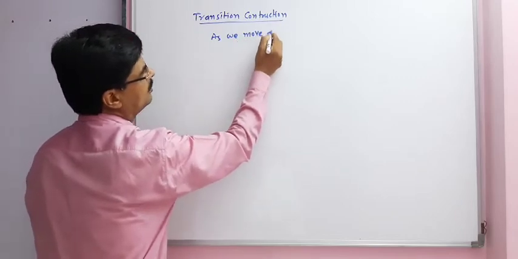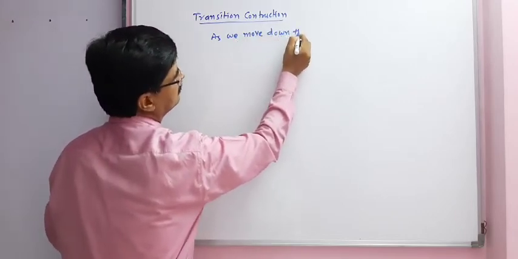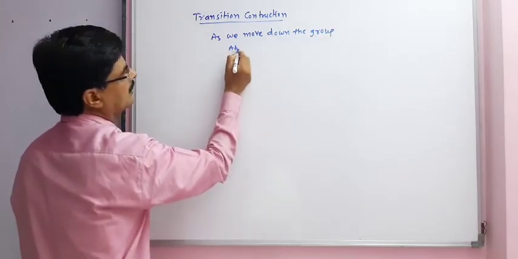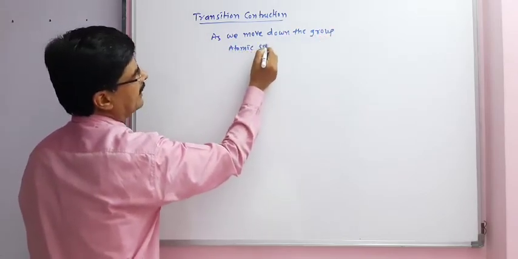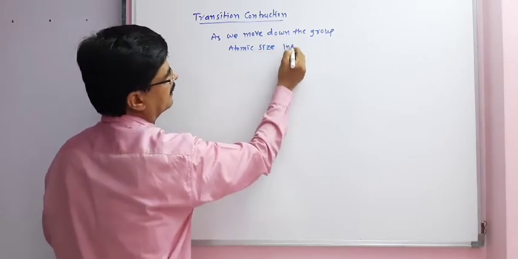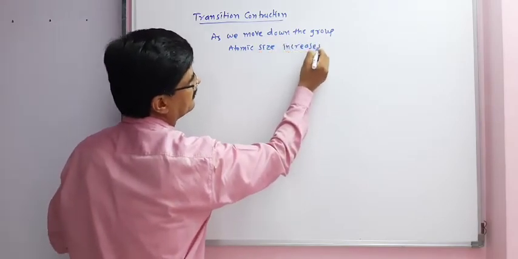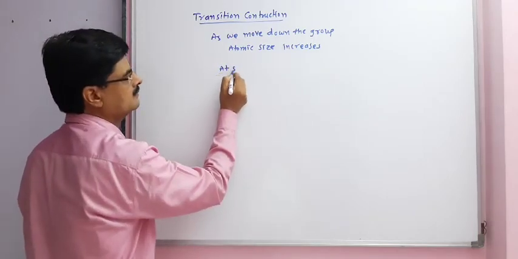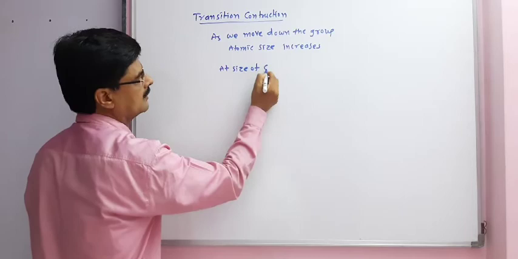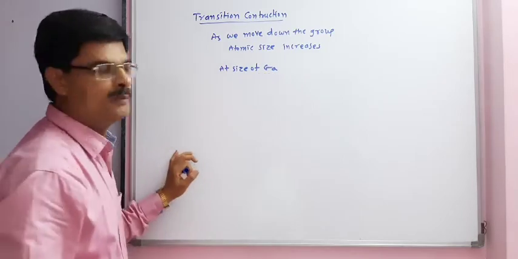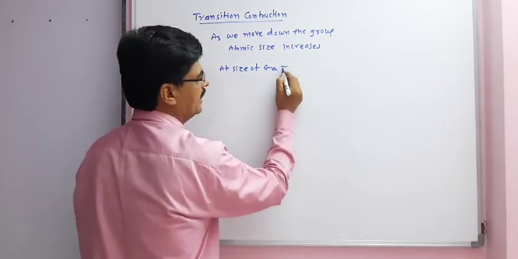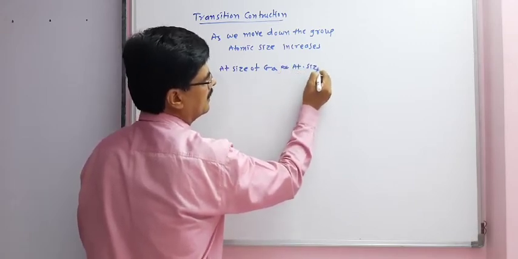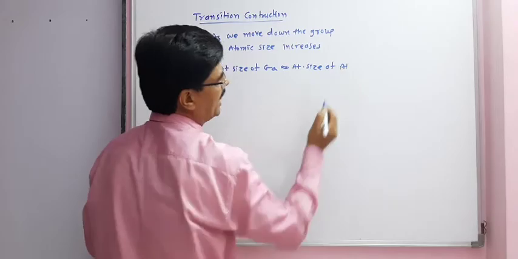As we move down the group, atomic size increases, but for gallium and aluminium, atomic size of gallium is nearly equal to atomic size of aluminium.